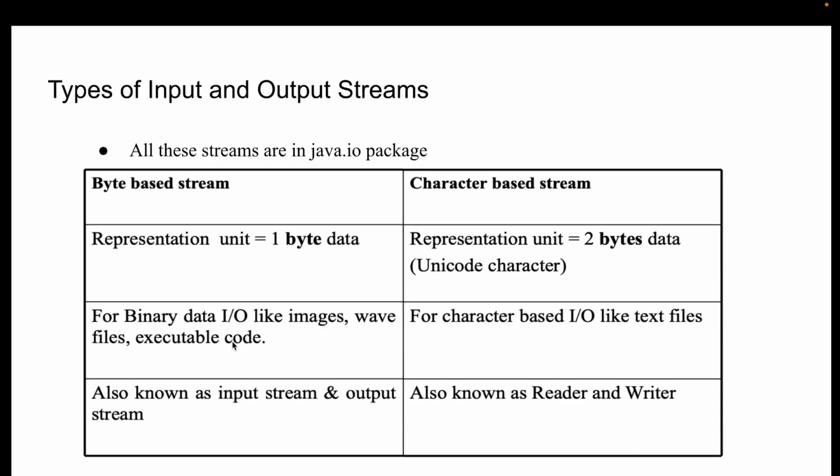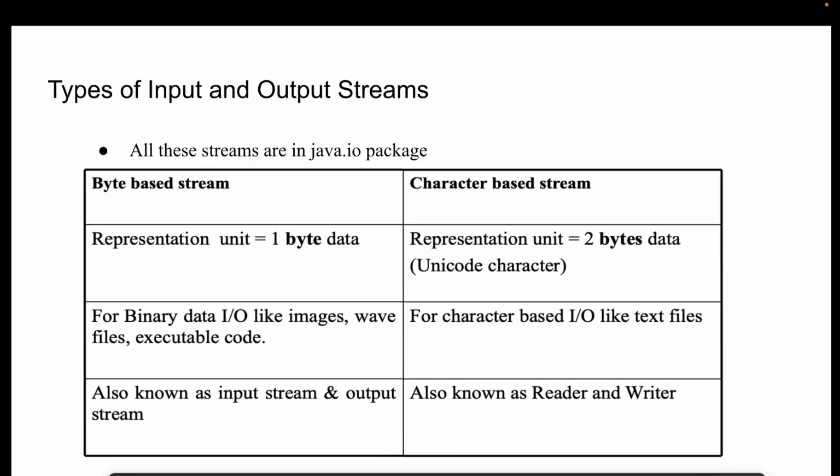Let's say we have some image on our system and we want to read that particular image, then we will go through byte based stream. And let's say we want to read and write files, the text files, then we'll go through this character based stream.